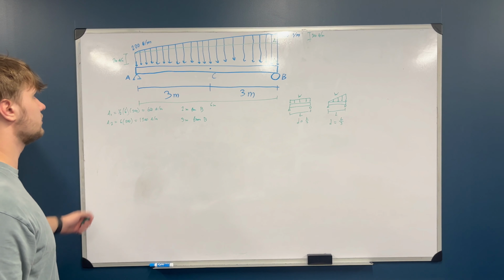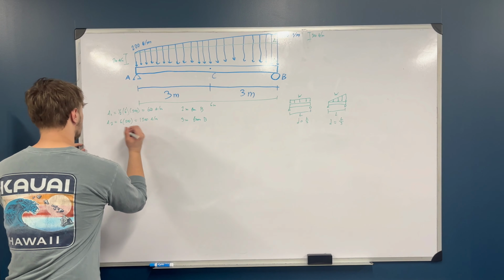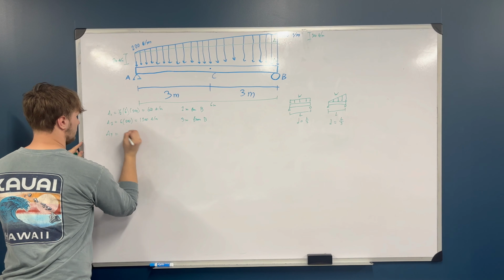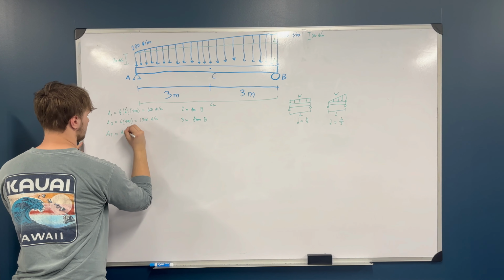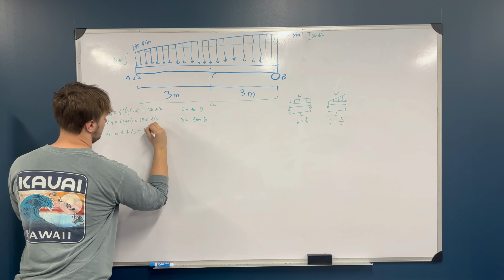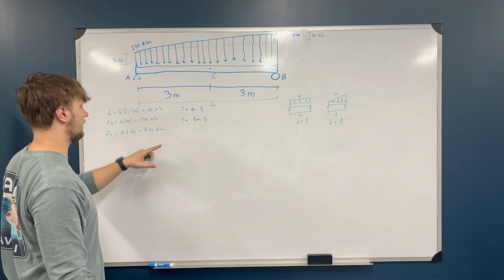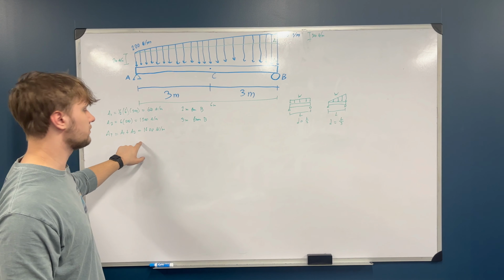To find the total, first we get the total area, which is A1 plus A2, equals 1800. We know the distances for these, but we don't know the distance for the total yet.